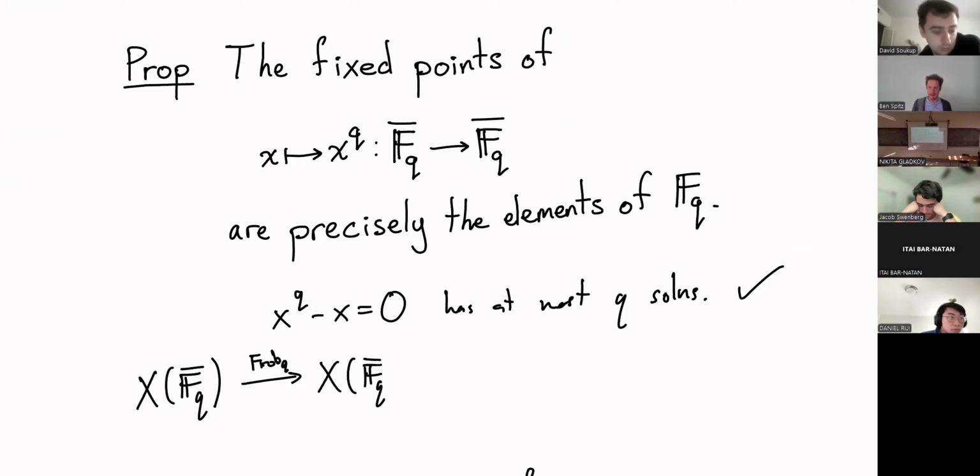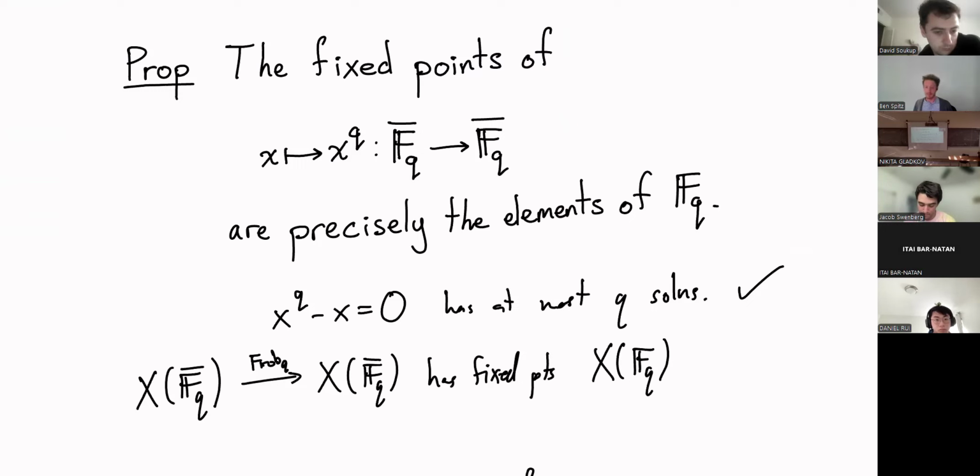All my variables had assignments, and I just raise all of those assignments to the qth power. And the fixed points of that Frobenius map will be precisely the solutions over Fq. For a solution to be fixed by Frobenius, it means that all the entries were fixed by Frobenius. It means that all the numbers came from Fq.